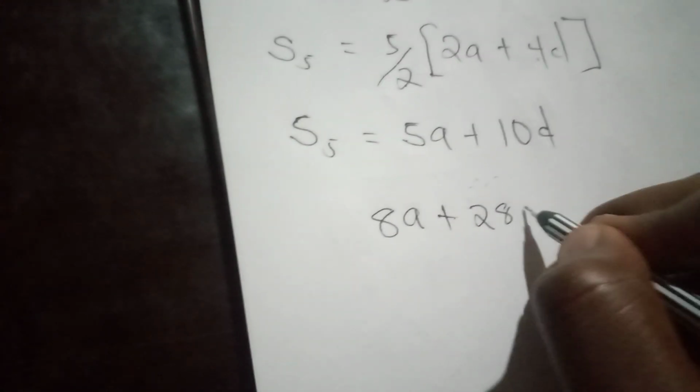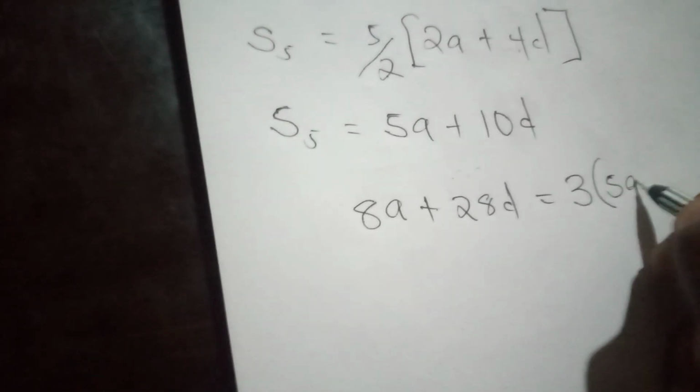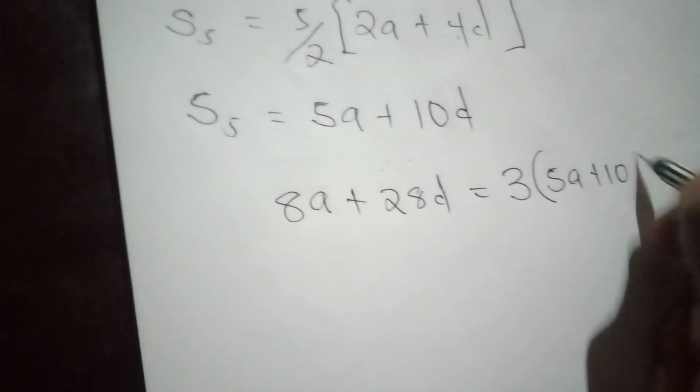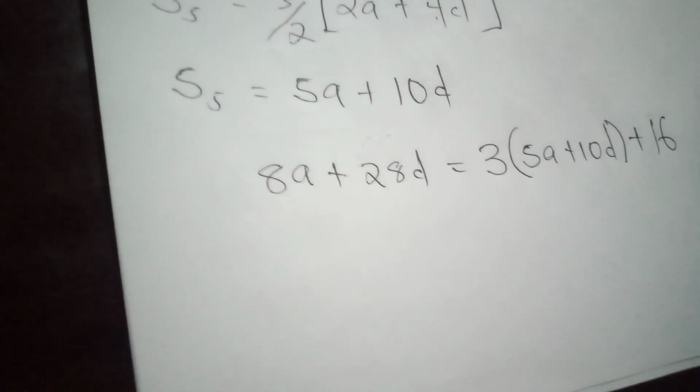So 8a plus 28d is equal to 3 multiplied by the sum of 5 terms, 5a plus 10d, open brackets, plus 16.